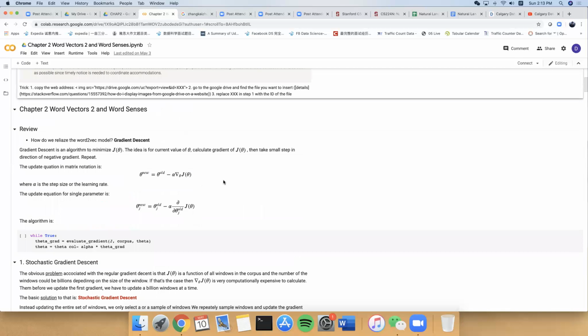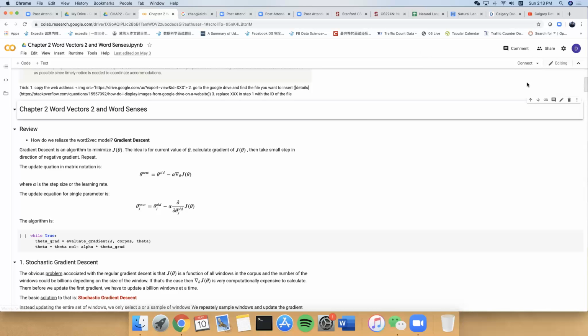I'm going to use my iPad to show you one example. Let's think about linear regression, which uses ordinary least squares.